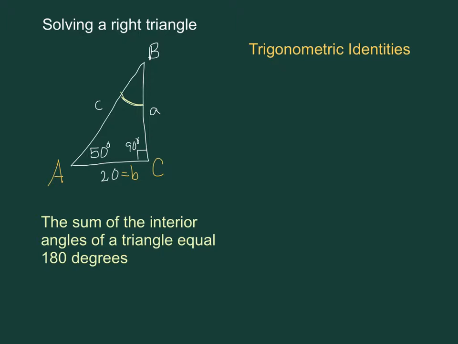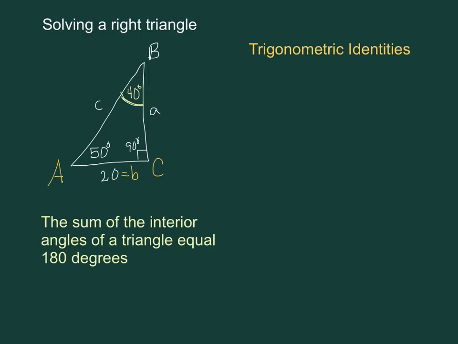So 90 plus 50 is 140, and I'm going to have to add an additional 40 degrees to get to 180. So now I have all of the angles in this triangle. Notice I haven't even hit the trigonometric identities yet. I'm simply filling in the triangle with the appropriate letters and measurements.